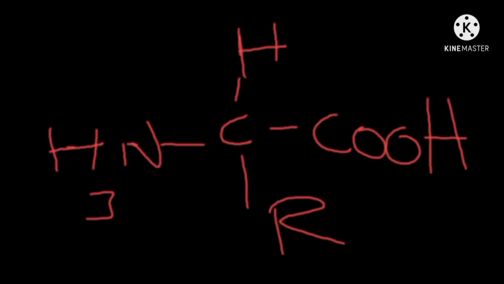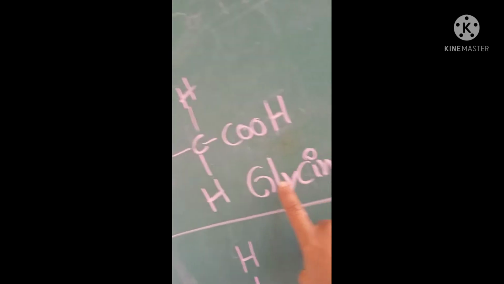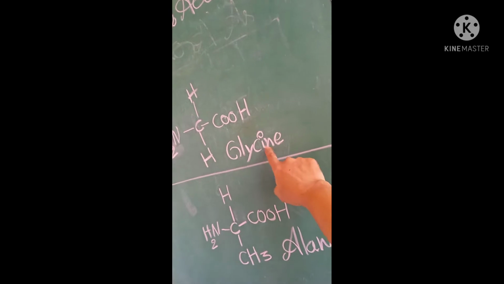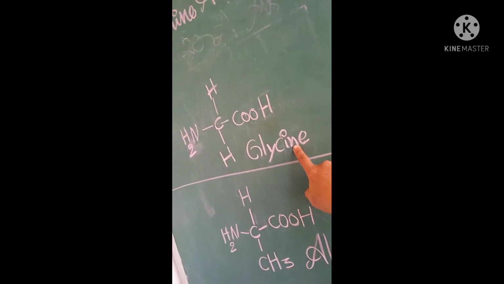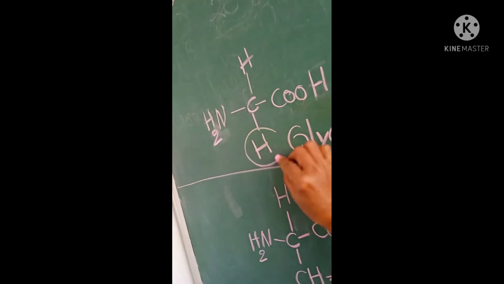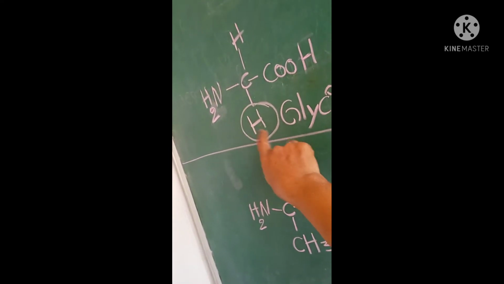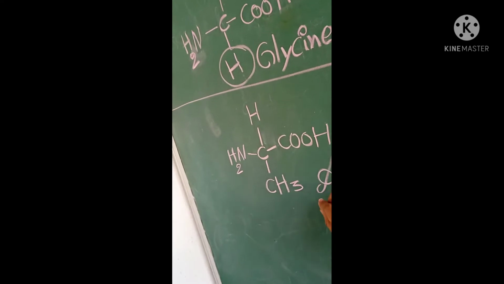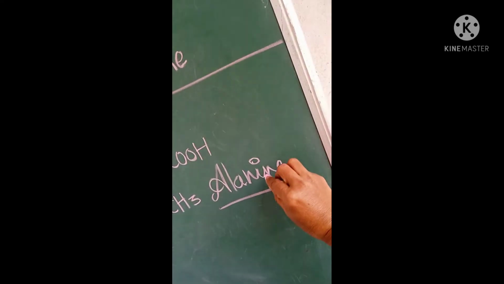When we look at glycine, it is like methane, with a carboxylic group, an amino group and hydrogen, and in the place of R there is H. That is the glycine structure. When we come to alanine, in the place of R there is a methyl group.